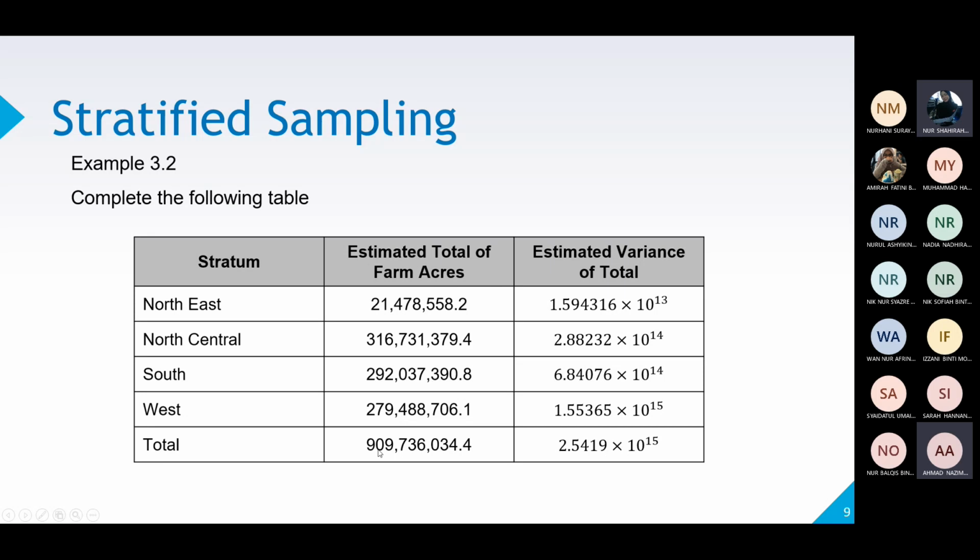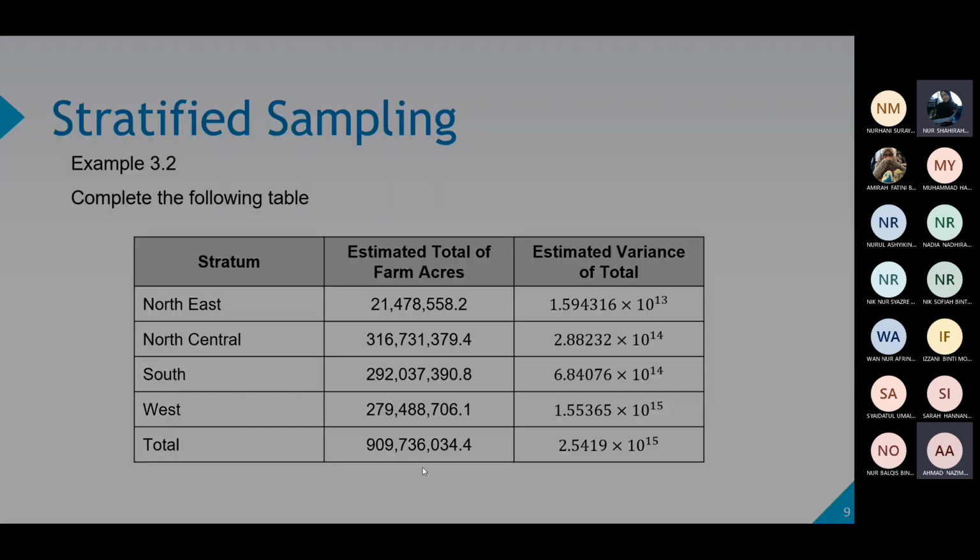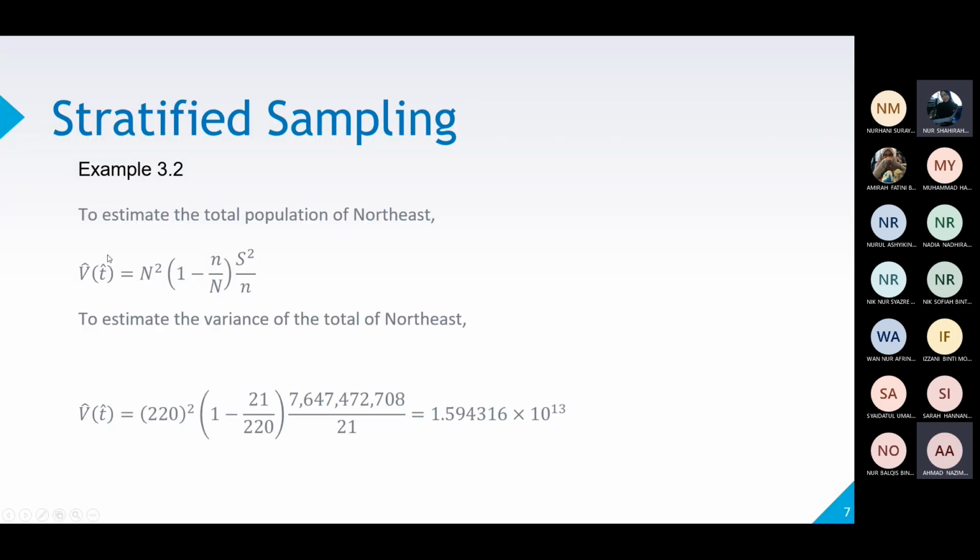If you calculate the estimated total of farm acres and also the estimated variance of the total for all of them, you will come up with this table. You just need to use the same formulas that I have shown you earlier, these two formulas. This one is to calculate the estimated variance. You can use these formulas and complete the table.